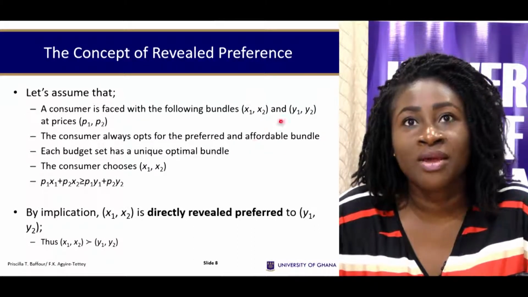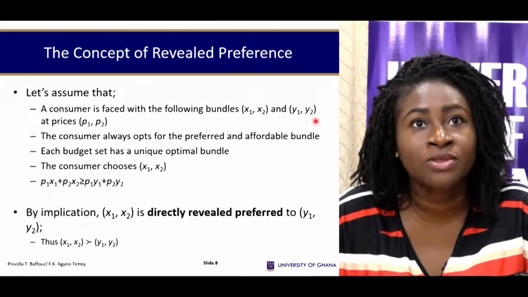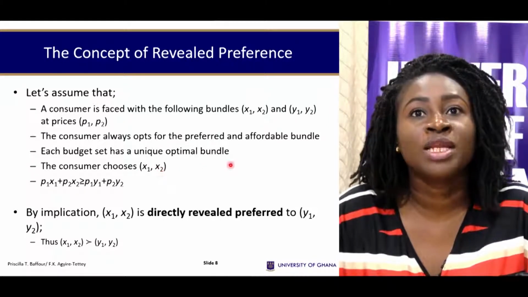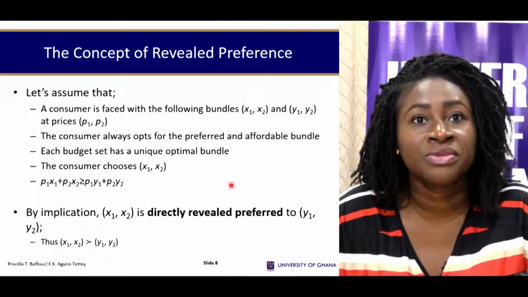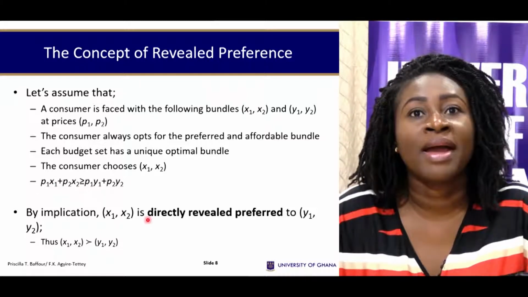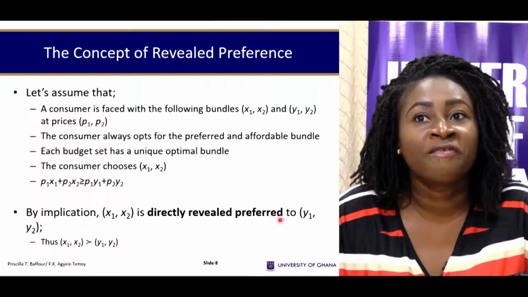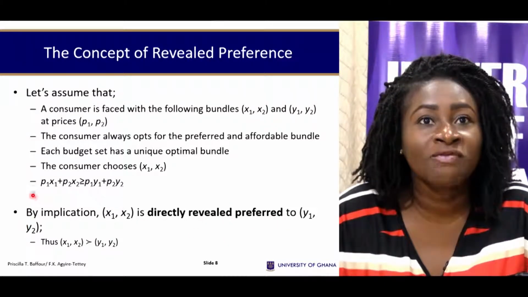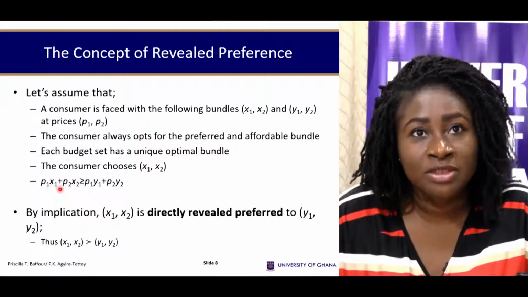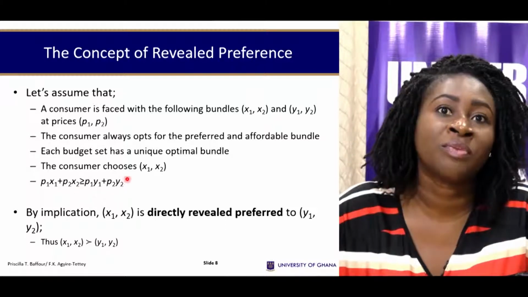Let's assume that a consumer is faced with the following bundles, (X1, X2) and (Y1, Y2), at prices P1 and P2. The consumer needs to choose the optimum bundle to use. This is the expenditure faced by the consumer. By implication, (X1, X2) is directly revealed preferred to (Y1, Y2) if P1X1 + P2X2 is greater than or equal to P1Y1 + P2Y2.